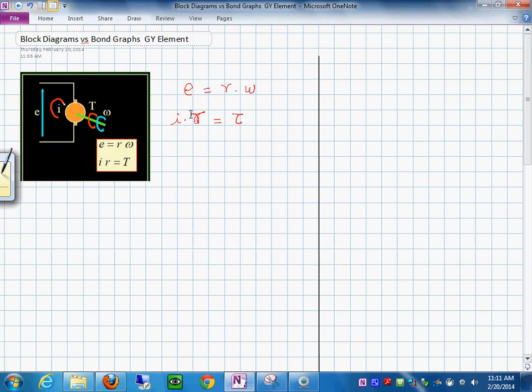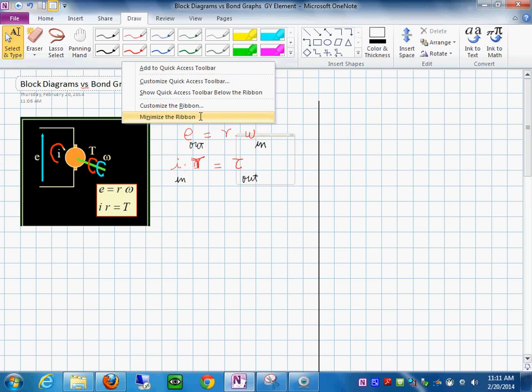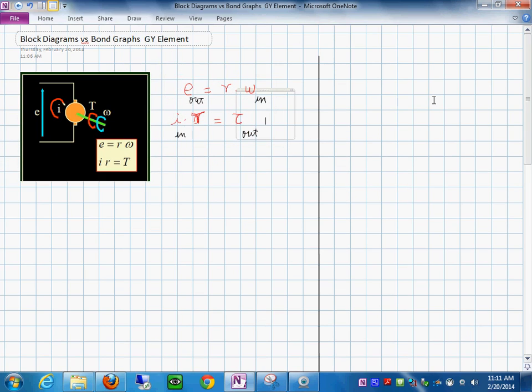Let's just put some labels here so that we remind ourselves when we write this equation, this is the input and this is the consequence of that input. This would be in, but this would be out. This is important because we want to be able to write the block diagram from this.